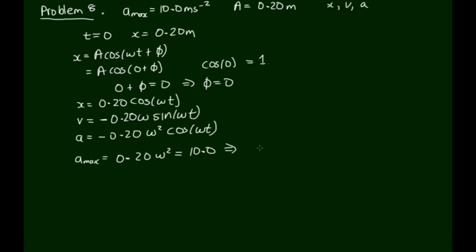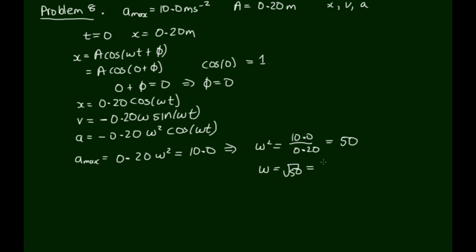And so this tells us that omega squared is equal to, just rearranging this, 10 divided by 0.20, which is equal to 50. So omega squared is 50. Okay, so we can work out omega now. So omega is equal to the square root of 50.